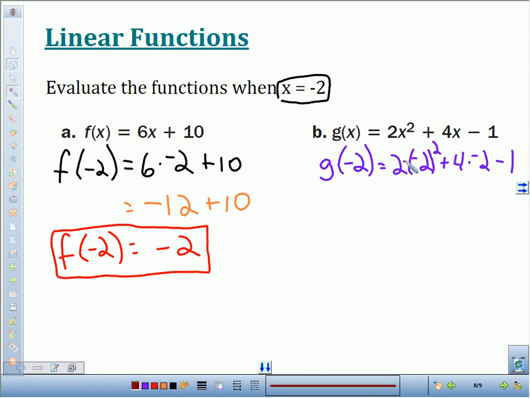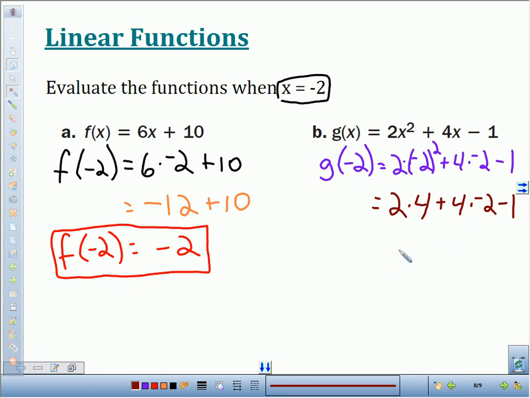My next step would be to do the exponents. I have negative 2 squared. I have to get rid of the exponent. So negative 2 squared is positive 4. That means this is 2 times 4 plus 4 times negative 2 minus 1.